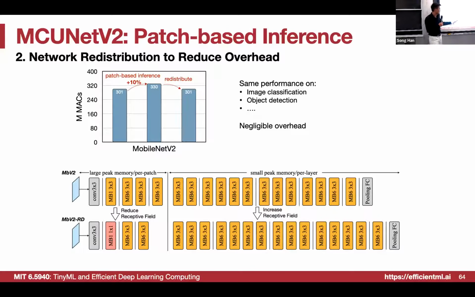As you can see, we removed one of the 3x3 convolutions. We replace that with a 1x1 convolution, which has a smaller receptive field than 3x3. And here we inserted one more 3x3 convolution in the later stages. So overall, the total receptive field stays the same and accuracy stays the same. But here, the halo region becomes much smaller.